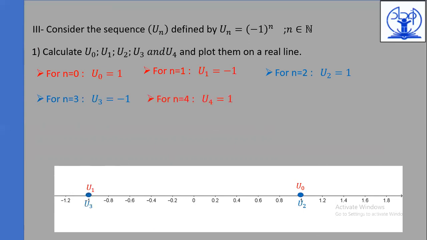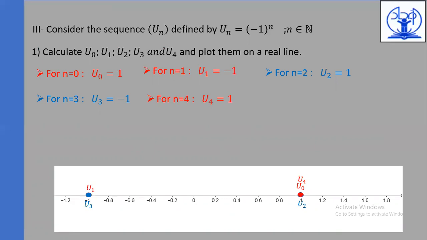And u4 will be also 1, and so on. If we keep on finding the terms, they will alternate 1, -1, 1, -1. The values are repeating themselves. This is what we call a periodic sequence, a sequence that repeats itself. Here it's repeating itself every 2 steps.